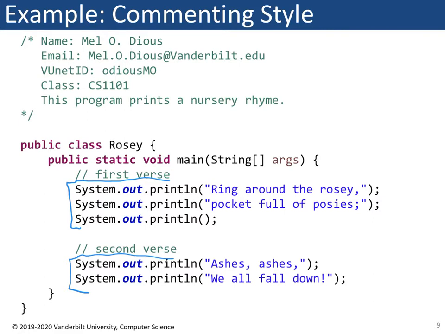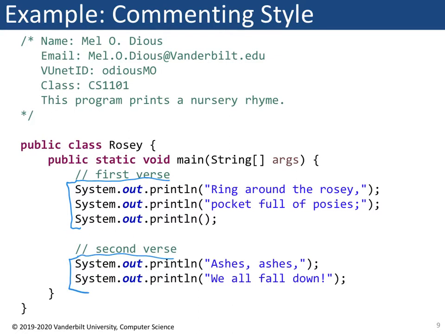So you're going to have some block of statements that accomplish the task that the comment says it's accomplishing. So all of these statements together work together to print out the first verse. Then there's white space left. That's important.